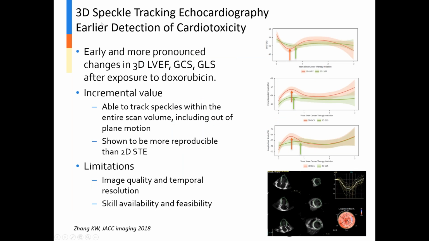Now, 3D strain can be obtained using 3D speckle tracking echocardiography, and studies have shown earlier and more pronounced changes in 3D EF, circumferential, and longitudinal strain compared to its 2D counterparts in patients receiving doxorubicin. 3D strain provides incremental value as it is able to track speckles within the entire scan volume, including out of plane motion, and it can be more reproducible than 2D strain.